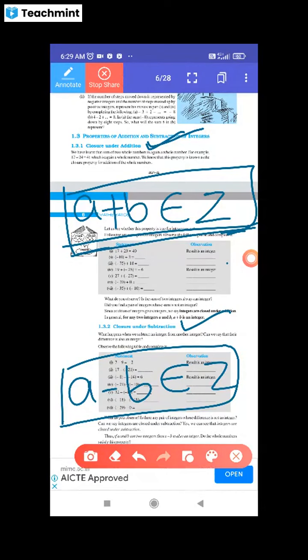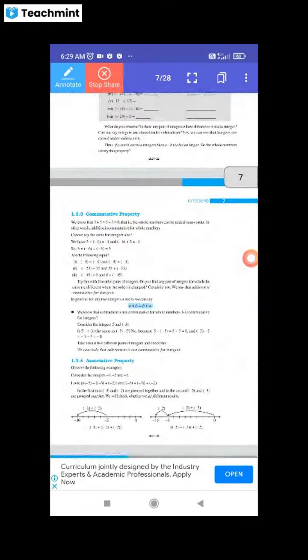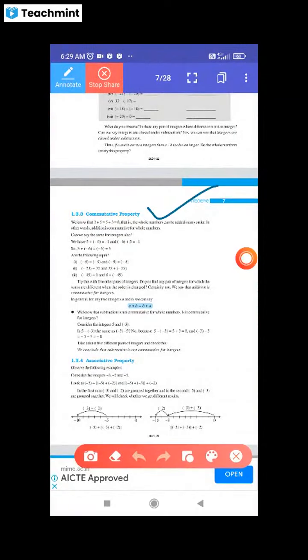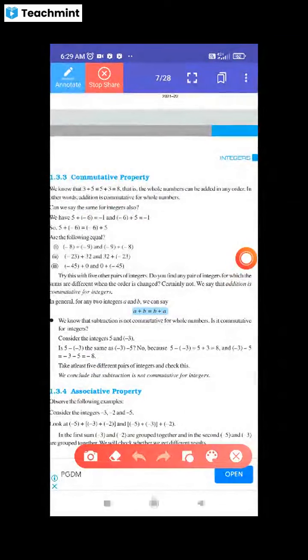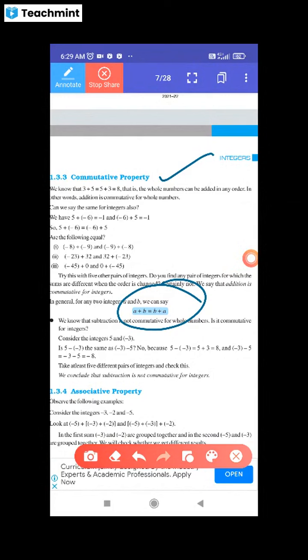Is it completed, all of you? Yes, ma'am. You can write this one. Commutative property, downside you can write a plus b is equal to b plus a.